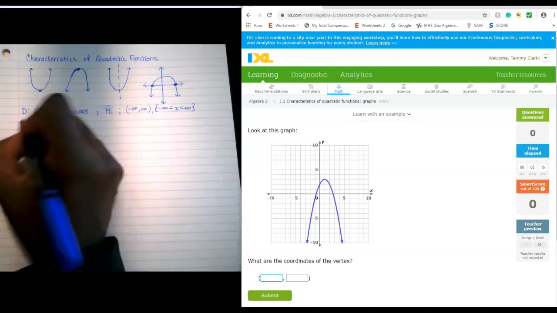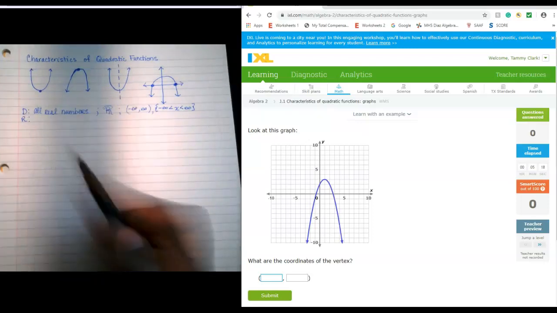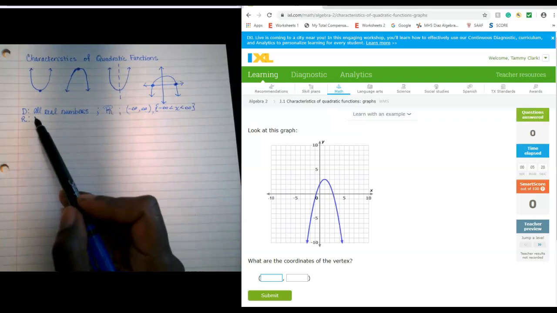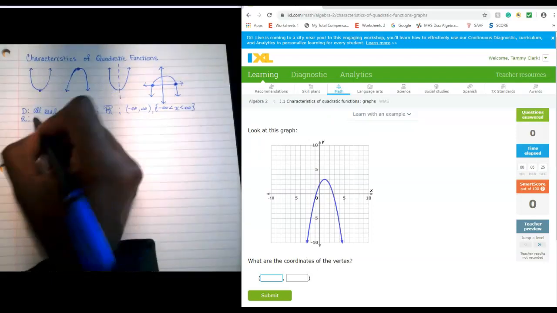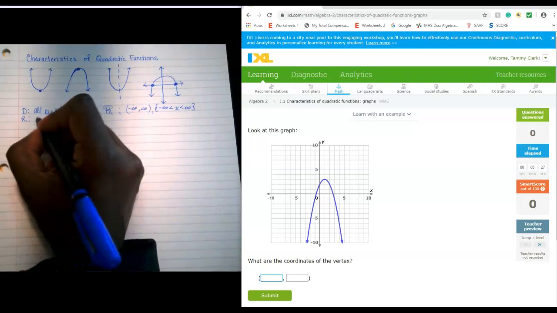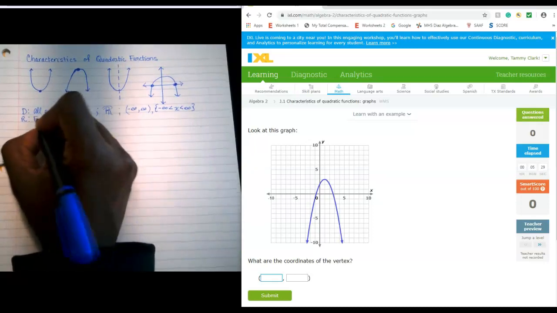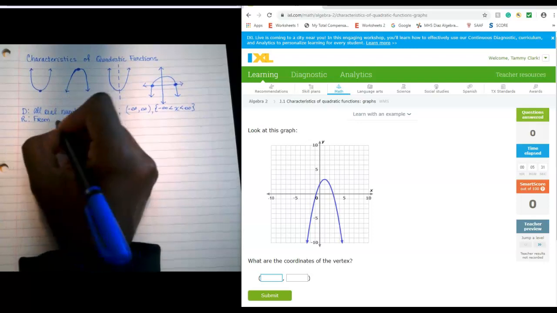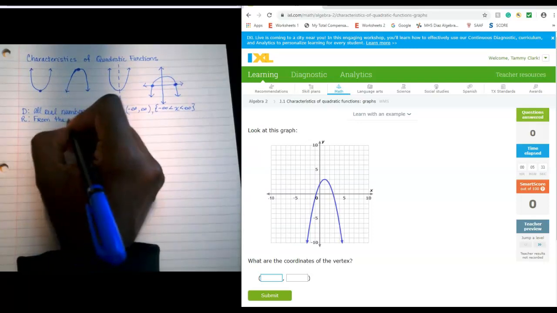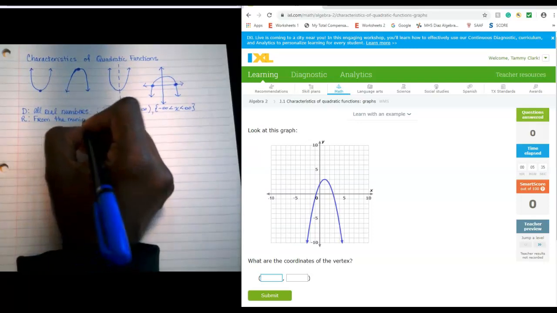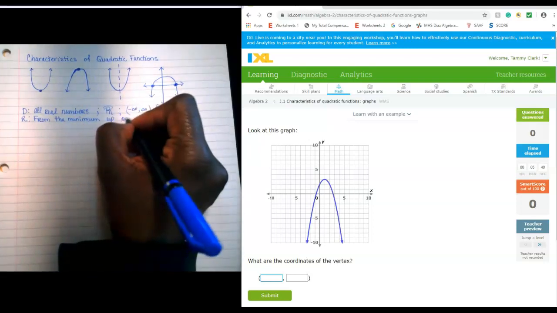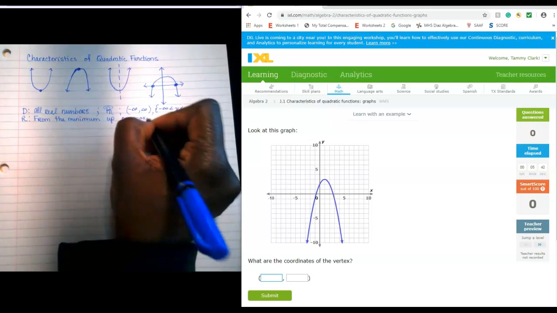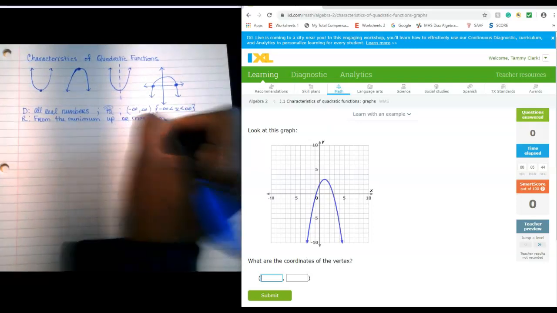Now, let's talk about the range, and this will play more into our pictures. The range will not be all real numbers. The range will be either from the minimum up or maximum down.